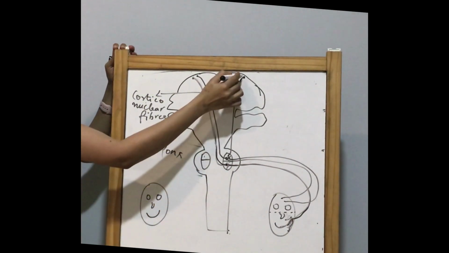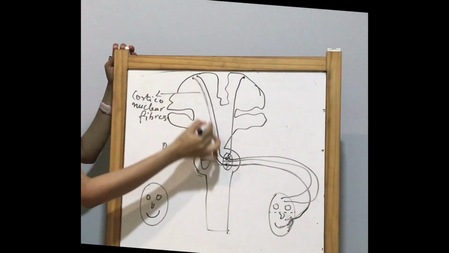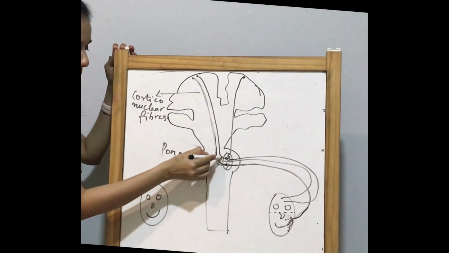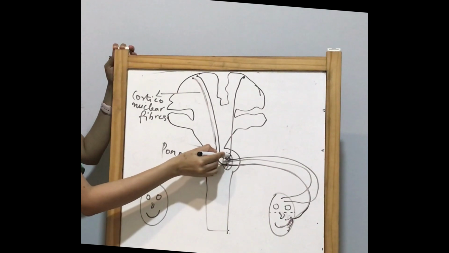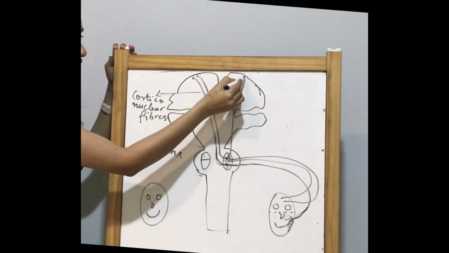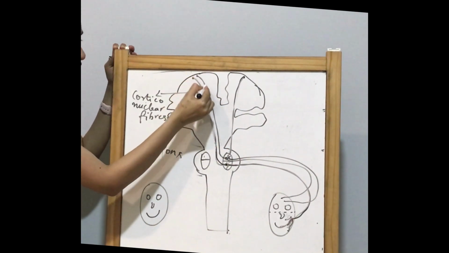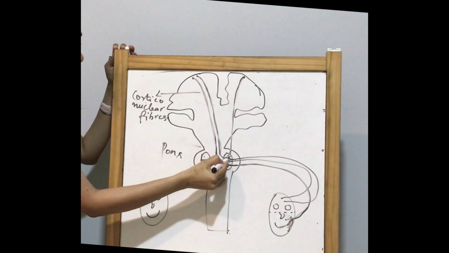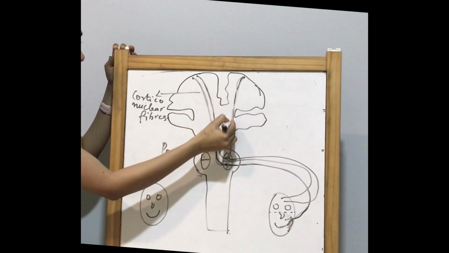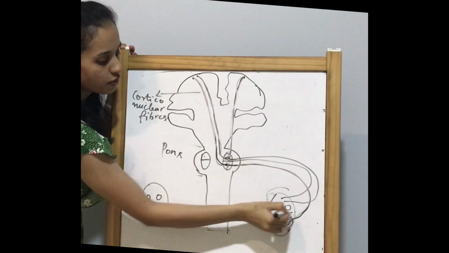But it doesn't get any corticonuclear fibers from the same side, only from the opposite side. For the upper part of the face, it receives corticonuclear fibers both from the contralateral side and also from the ipsilateral side. You can see here it is getting fibers from the right side and also from the left side, and this supplies the upper part of the face.